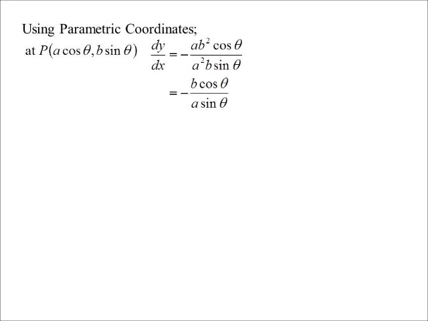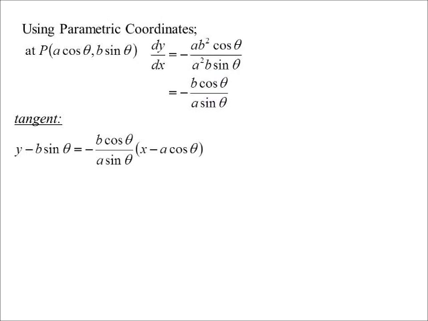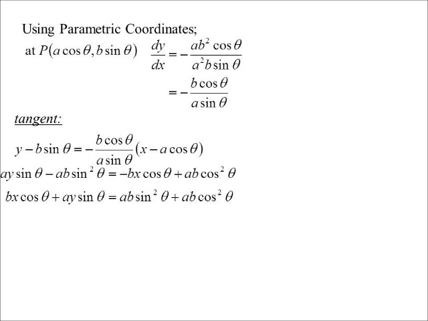All right, tangent. Point slope formula. And this is why we leave it that way, because now I'll get rid of the fraction and it will create a sine squared on the left-hand side. And when I expand out on the right-hand side, I'll get a cos squared. And so there's our sine squareds and cos squareds that we like playing with.